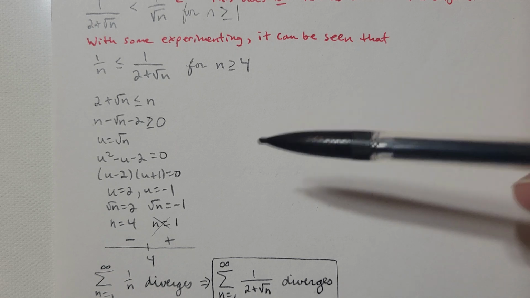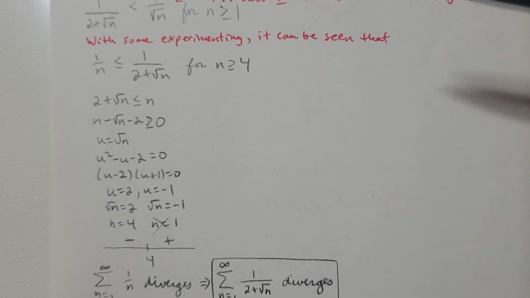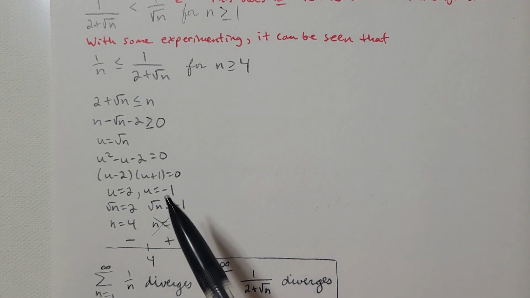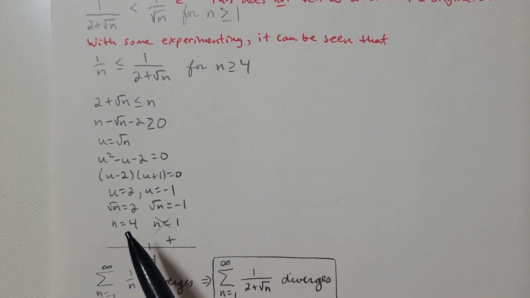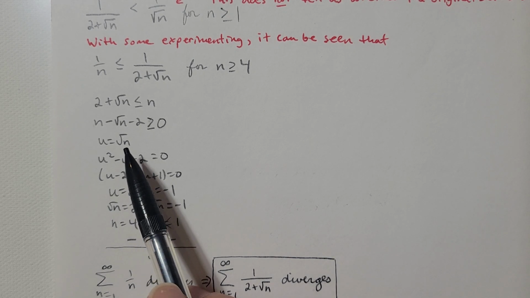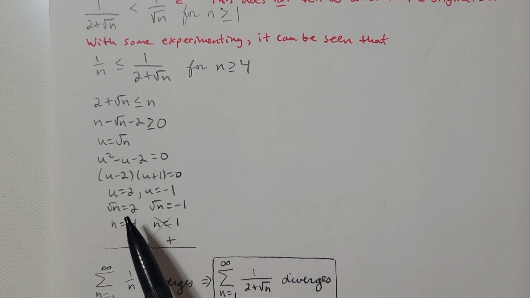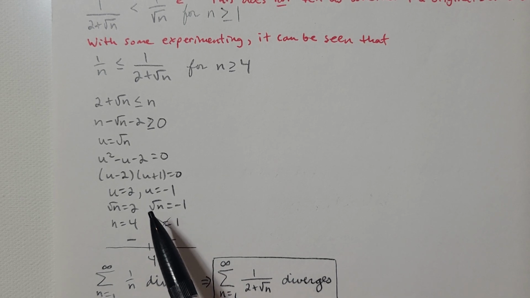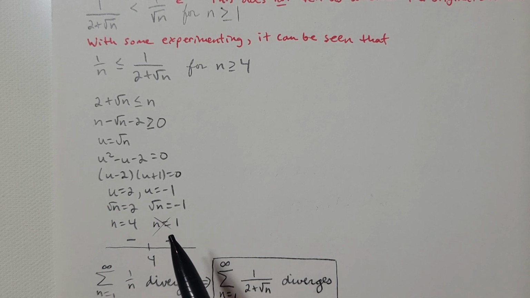U is just a temporary variable to help me solve this for n, where this inequality is involving n. So let me substitute back. U is the square root of n, so the square root of n equals 2, or the square root of n equals negative 1. The square root of a number can never be negative, so I can cross that one off. I don't need to bother solving that one anymore.